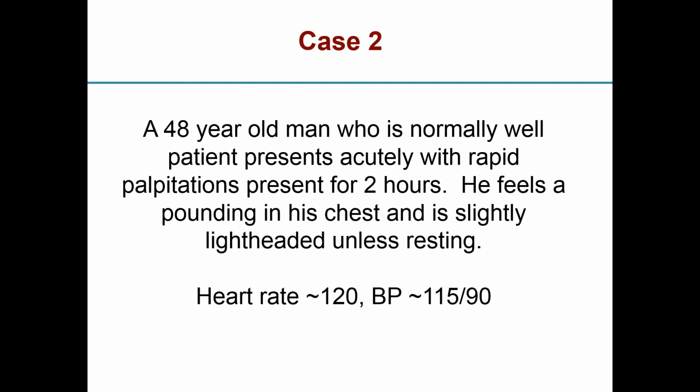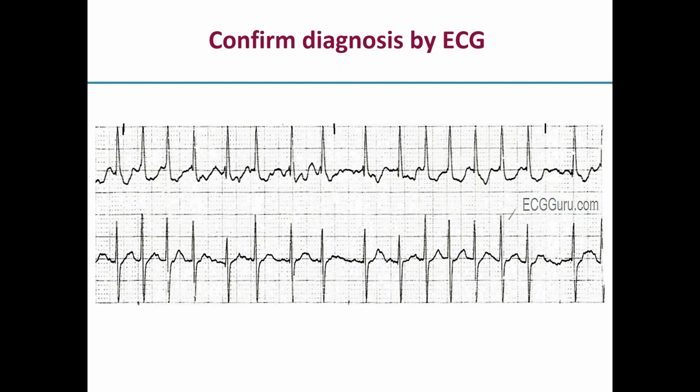So I guess the first question, as with any patient, is what is the diagnosis? It sounds like a tachycardia, but we need to get an ECG to confirm it. So here's another ECG of rapid atrial fibrillation.